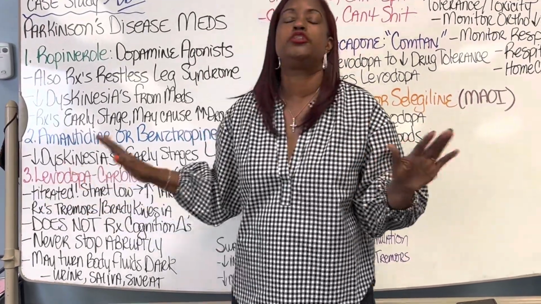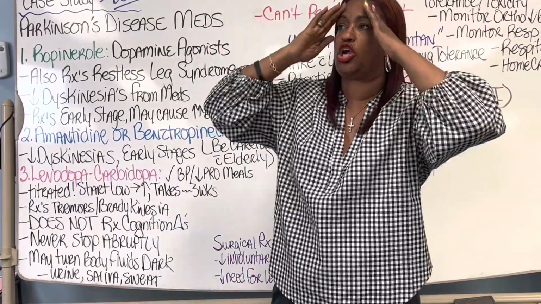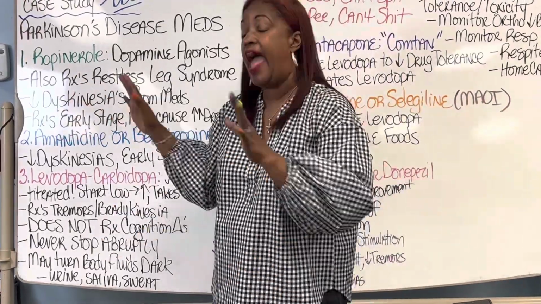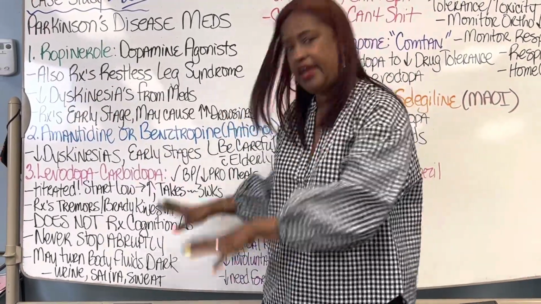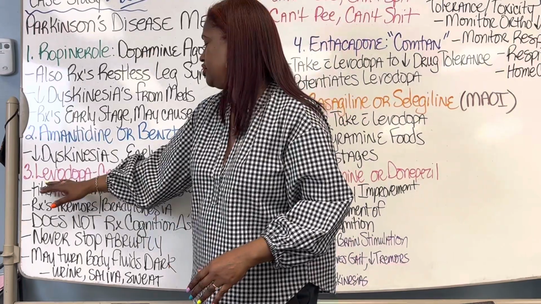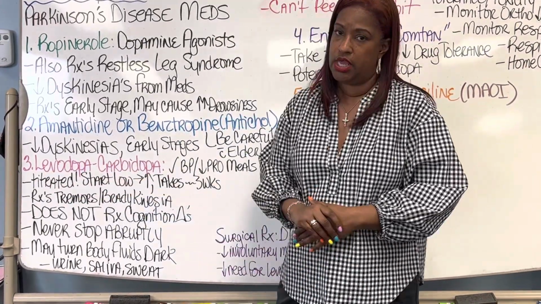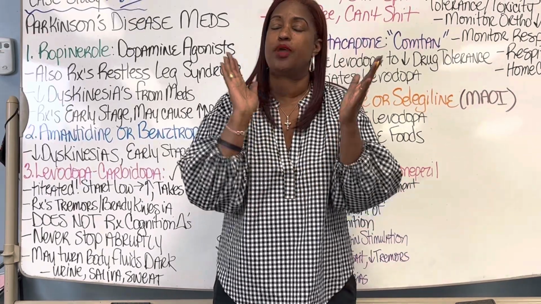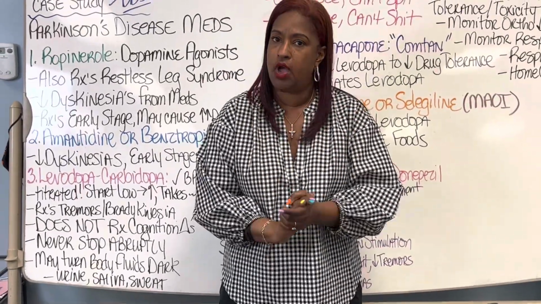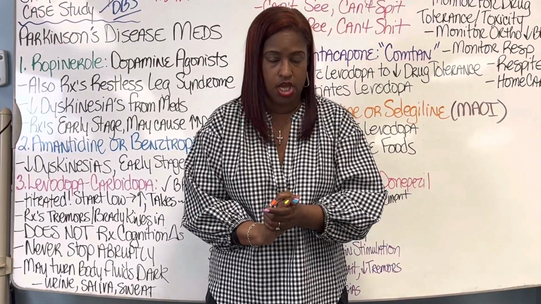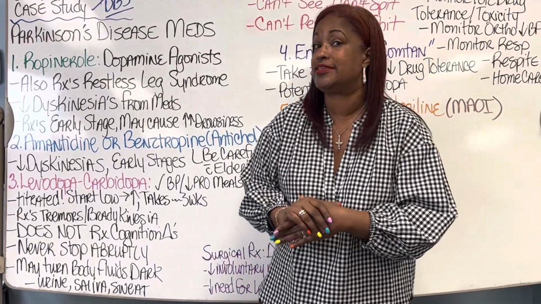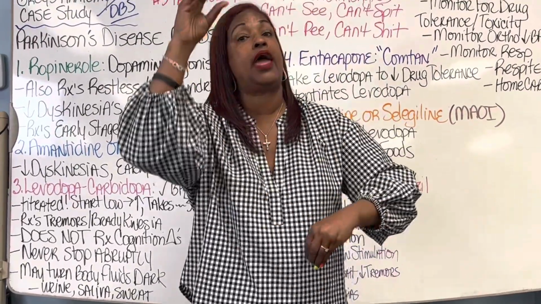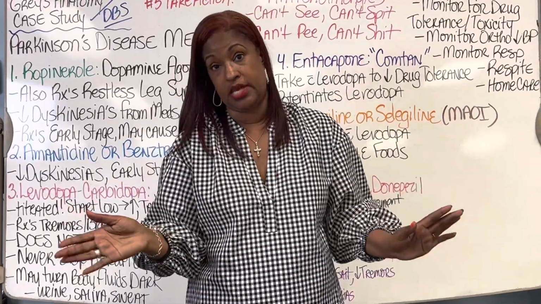The number one drug that these patients are usually always on is the actual Parkinson's medication itself. Levodopa, carbidopa. Now, if you literally forgot what I taught you in the part 1 Parkinson's video, here's a little refresher. Remember that Parkinson's is as simple as a dopamine acetylcholine imbalance.